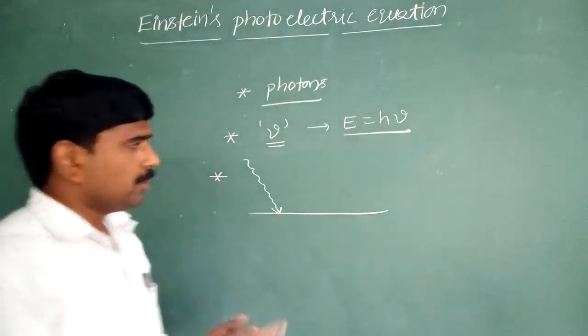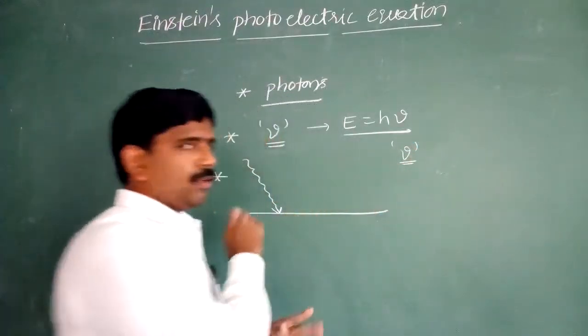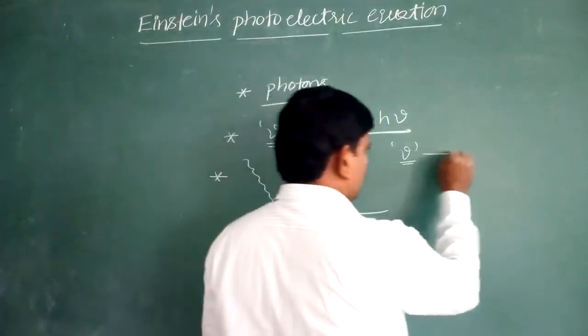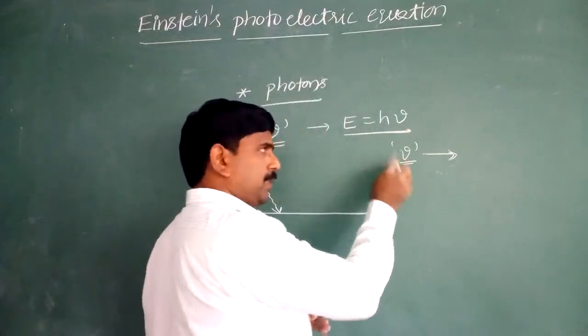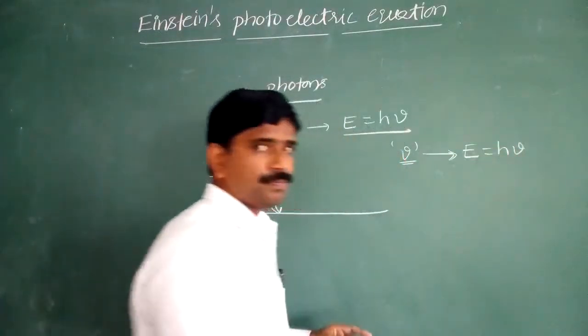So if a photon having frequency nu is incident on the photoelectric metal, its energy is how much? E equals h nu.